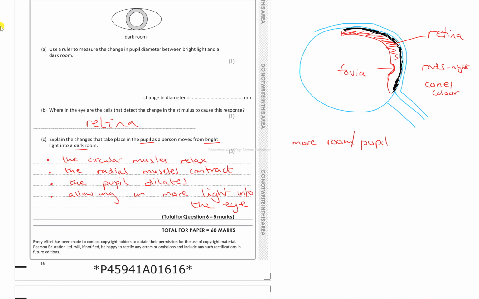So remember, you're going from bright to dark and you want a bigger pupil, so you want it to dilate. So what happens? The circular muscles relax, the radial muscles contract. That makes the pupil dilate, allowing more light into the eye.